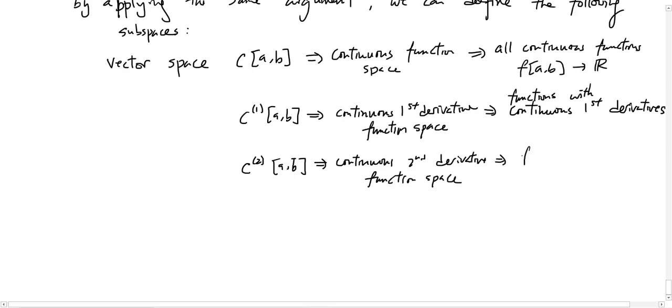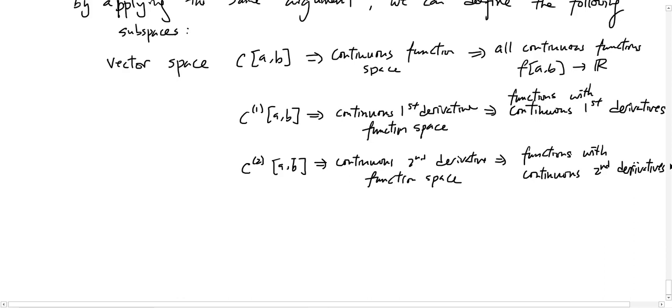That means these are all functions with continuous second derivatives. Now when I say that, it is important to understand the following. If a function has a continuous second derivative, it must have a continuous first derivative for it to work.